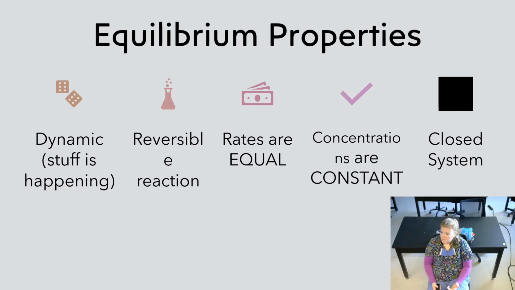If it's not reversible, you can't get to equilibrium. And the final thing, it has to be in a closed system. That means put a lid on it. Put a stopper, put a lid, close the container. Because if you're letting stuff escape or stuff enter the system, it's not going to reach equilibrium.